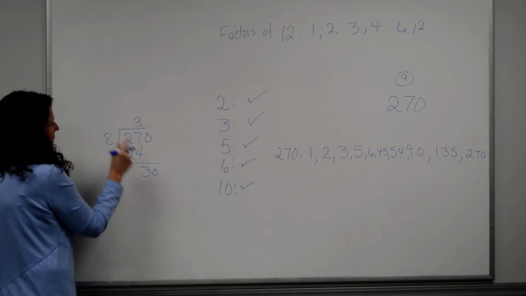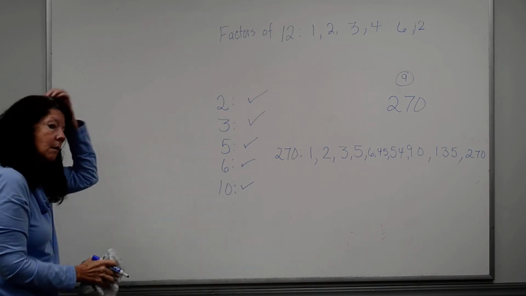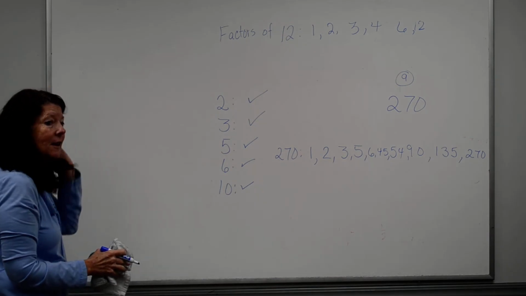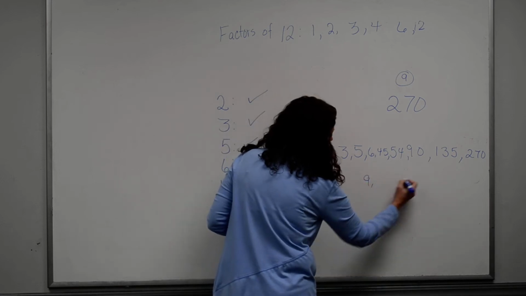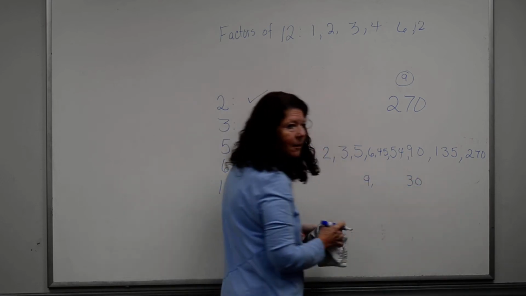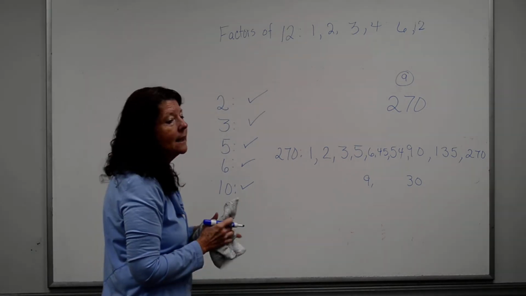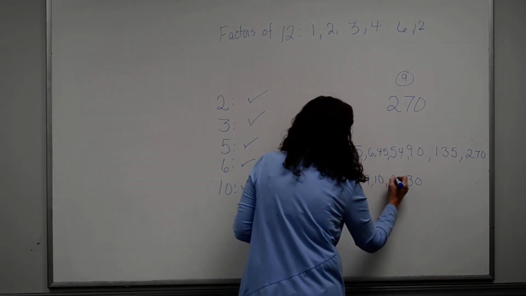But 8 didn't go into 30, so 8 didn't go into it. Does 9 go into it? Yeah, because 9 times 3. So I also have a 9 and a 30 right here, because 9 times 30 is 270. Does 10 go into it? So I'm going to have a 10 and a 27.